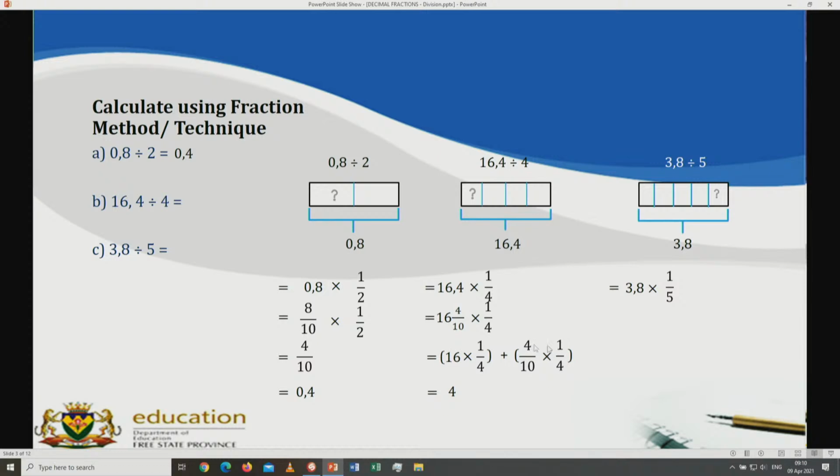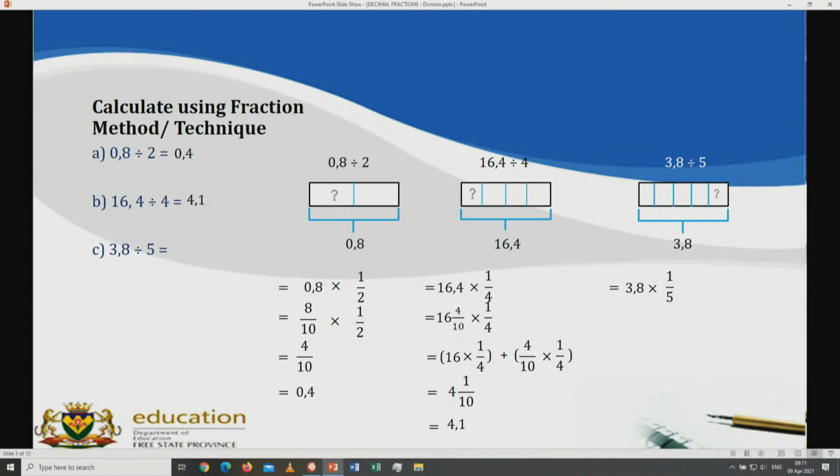So we are going to say 1 by 1 is 1, and then 10 by 1 is going to be 1 tenth. So it's going to be plus 1 tenth. Then we go back to the decimal. Then how much does it give us? We'll get 4,1, which is our answer.